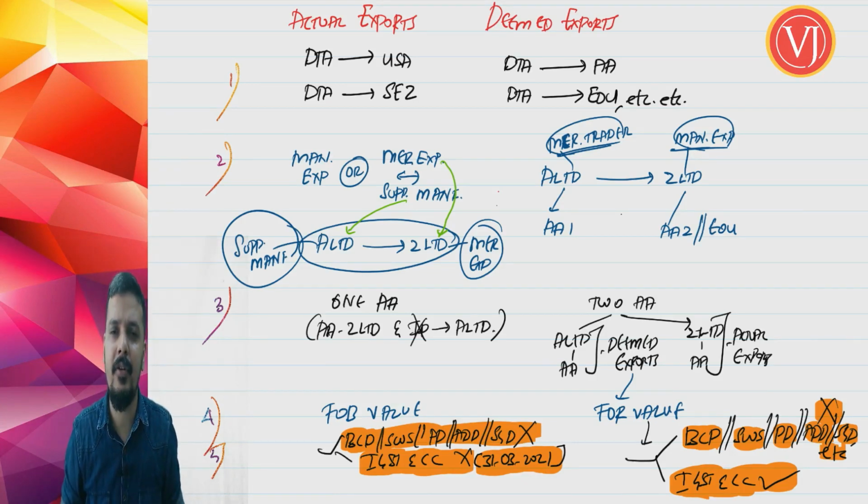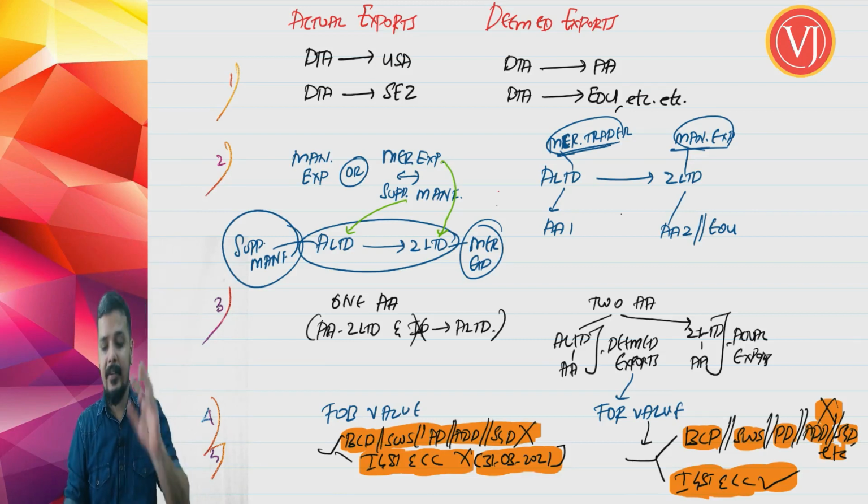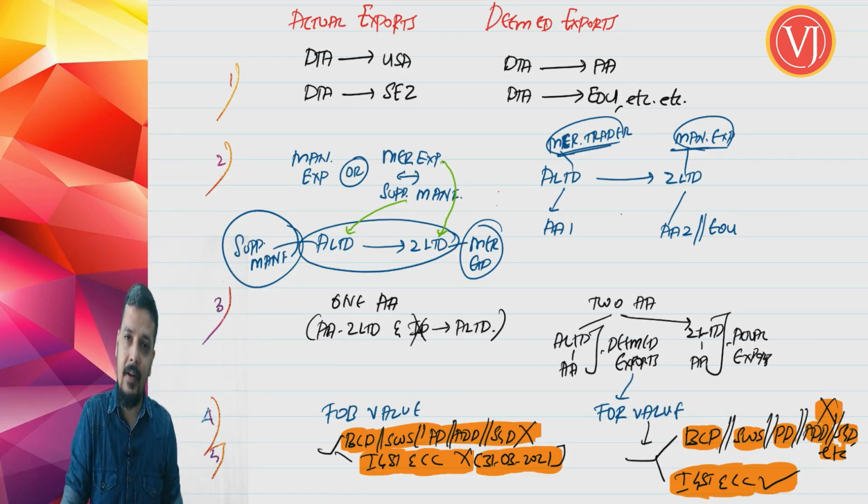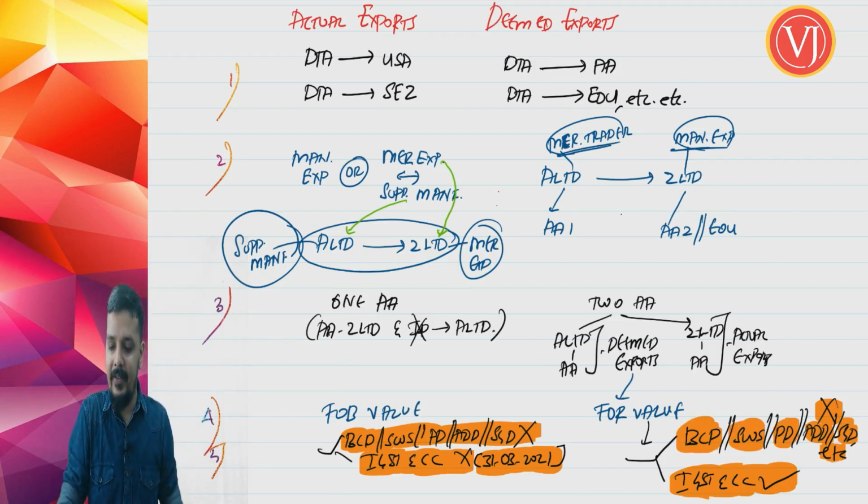But he is required to pay IGST and compensation cess. So the benefit of not paying customs duty is there even for the deemed exporter, but for IGST and compensation cess, there is no exemption.